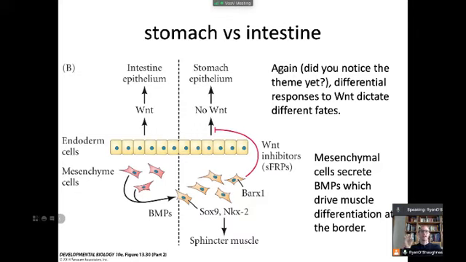BMPs then allow those secreted frizzled-related proteins to be produced through the activity of BARX1. This then inhibits Wnt signaling and defines stomach epithelium. So we can see these important signaling pathways, the bone morphogenetic protein pathway and the Wnt signaling pathway, cooperating together to specify the intestinal fate versus the stomach fate.